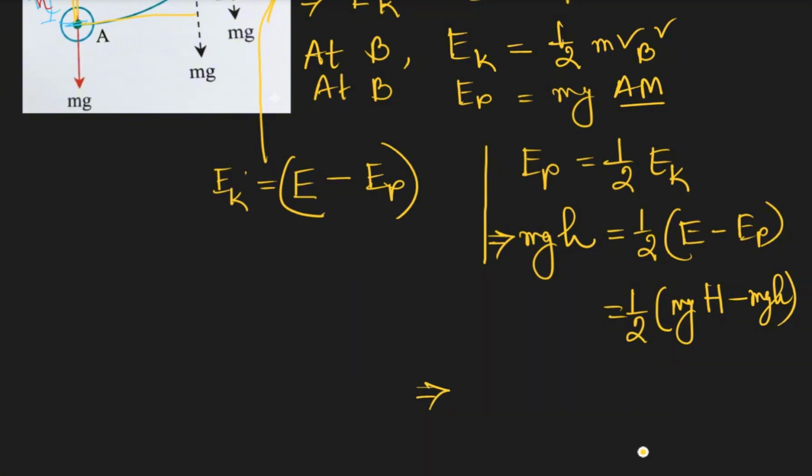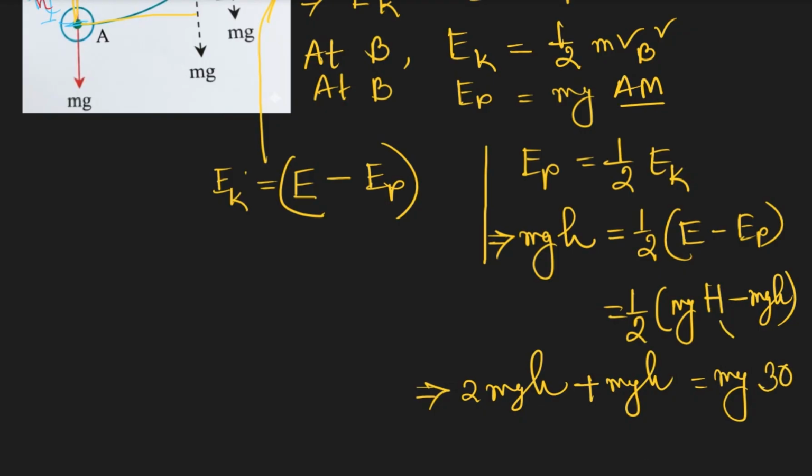So let's simplify and solve the equation for h. So here will be 2mgh plus mgh equals mgH, where uppercase H means 30. So 3mgh is equal to mg times 30.